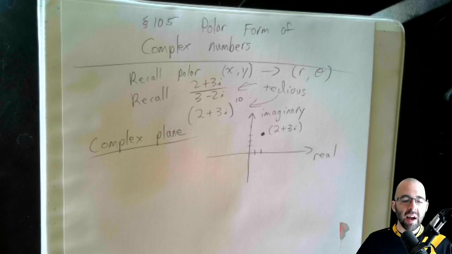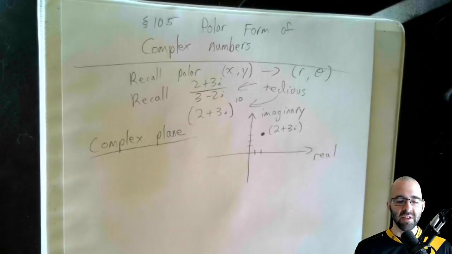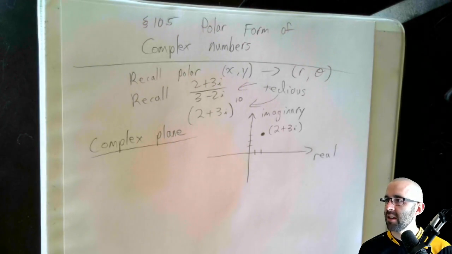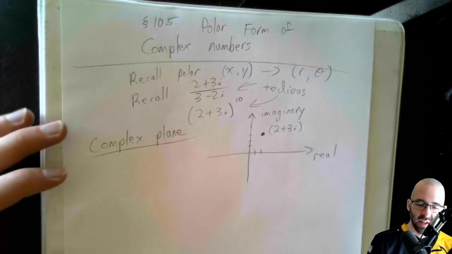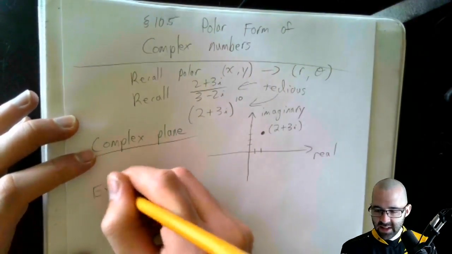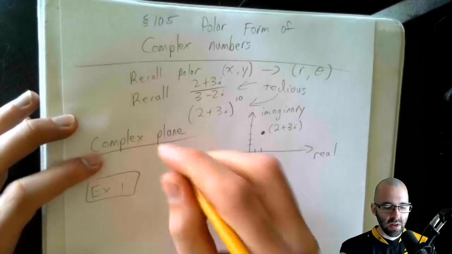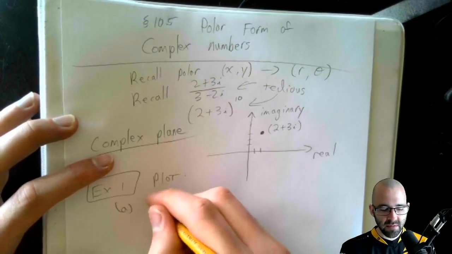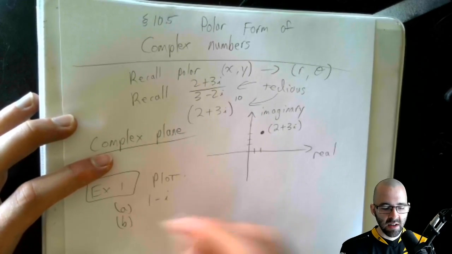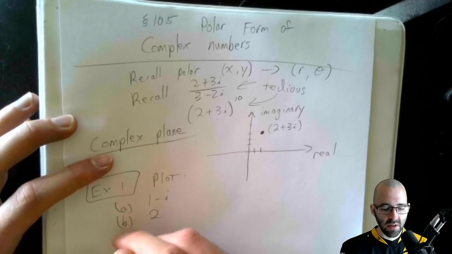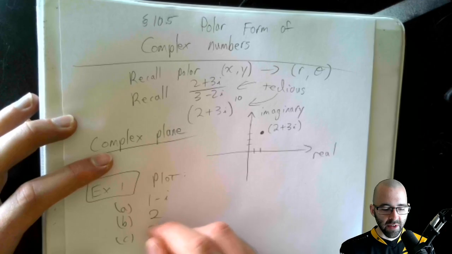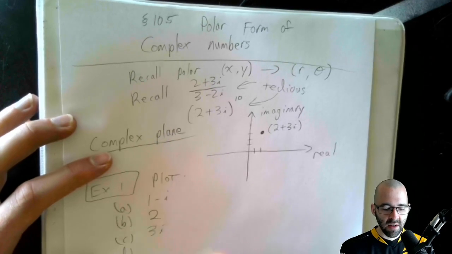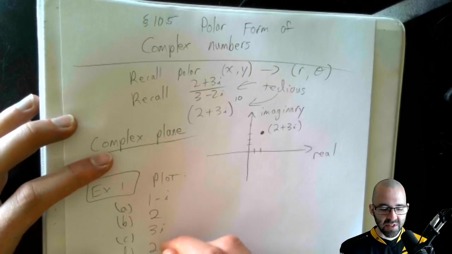So there's a very graphical and geometrical nature to all this complex stuff that we're going to be talking about today. With that in mind, example 1: plot the following. Plot 1 minus i, plot 2, plot 3i, and plot 2 plus i.